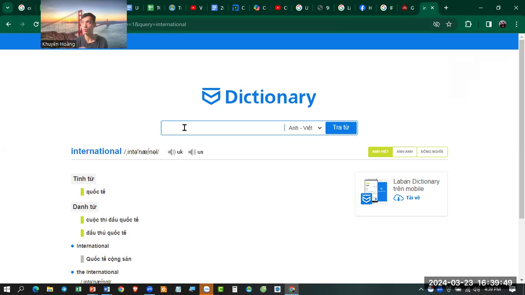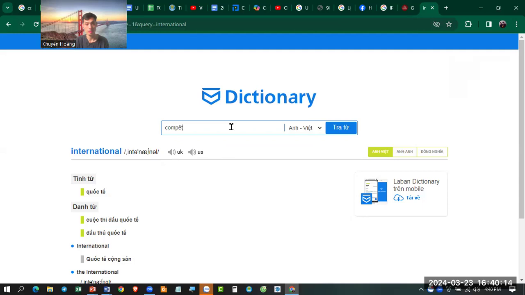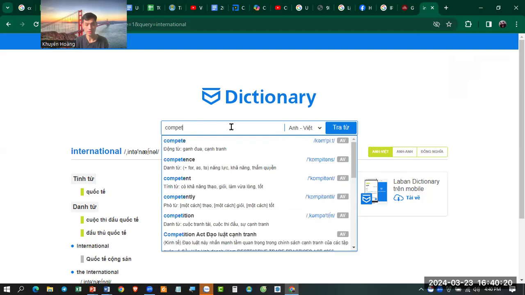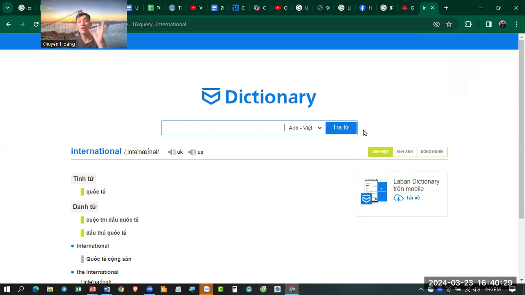It doesn't have the long sound either. Advertise. Let's type it down to check. Competition. Compete, competing, competition. I can't find any. Now I don't remember any word with a long sound like that.